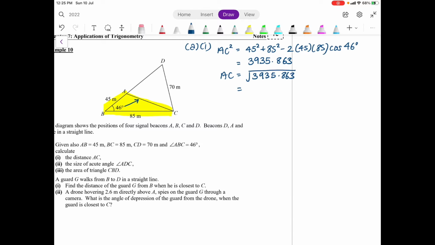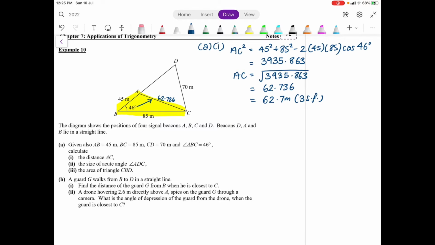Press your calculator. You should get 62.736, 5 SF. 62.7 meters, 3 significant figure. Okay, this is for part 1. We got the value 62.736.